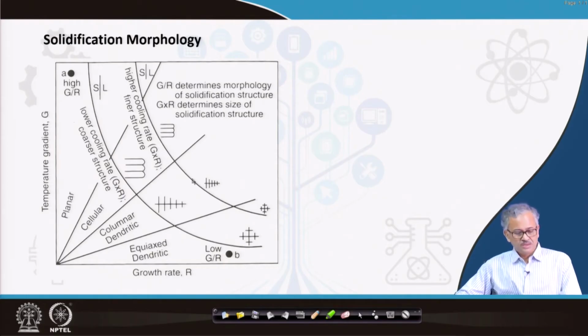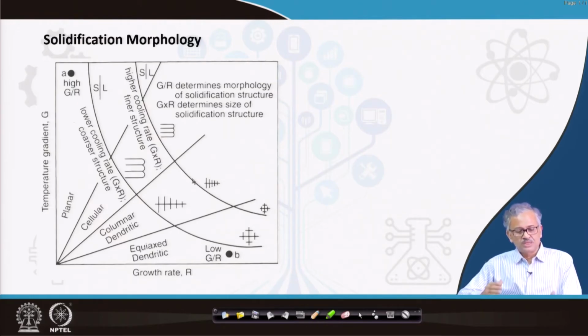Not only that, we can also map the scale of solidification substructure, that is the interdendritic spacing and all these things, by the term G into R. That is the temperature gradient into the solidification rate or the growth rate. If you take the product, it basically gives the cooling rate.